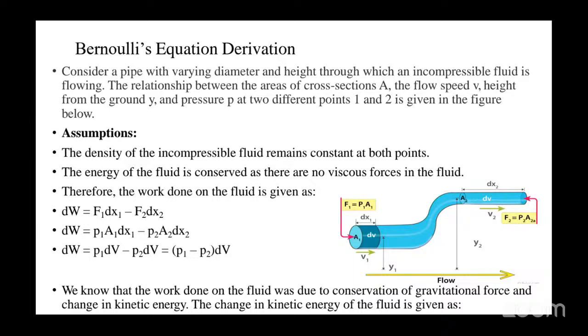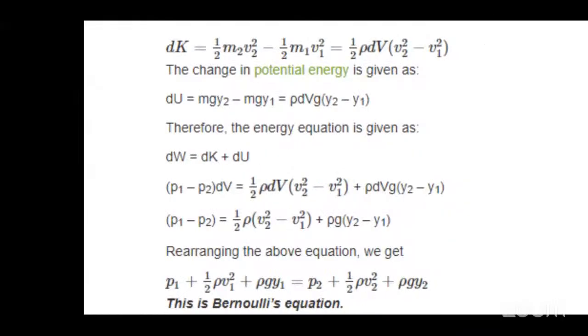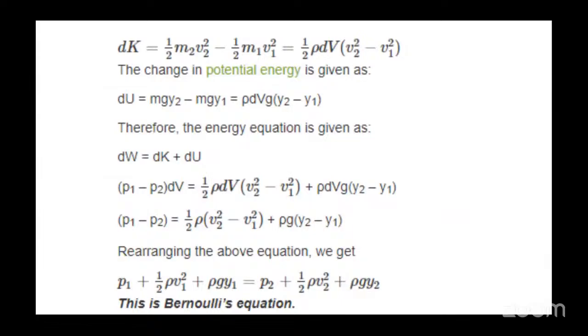So in that case, we are going to have P1 plus half rho V1 square plus rho g Y1 is equal to P2 plus half rho V2 square plus rho g Y2. So that is Bernoulli's equation.